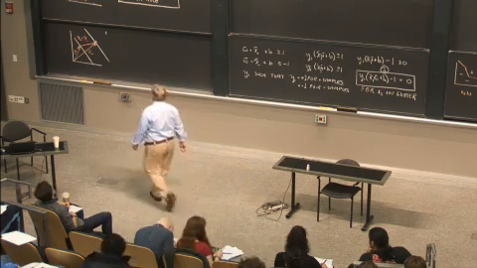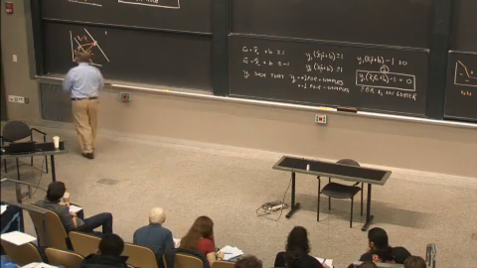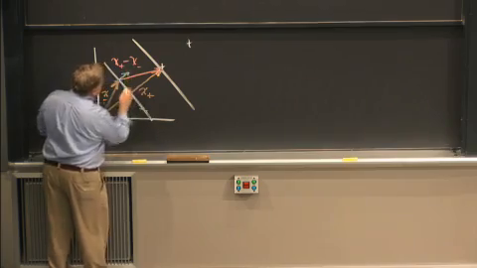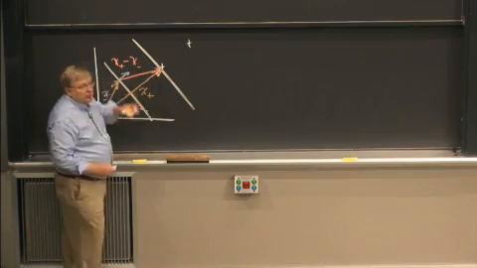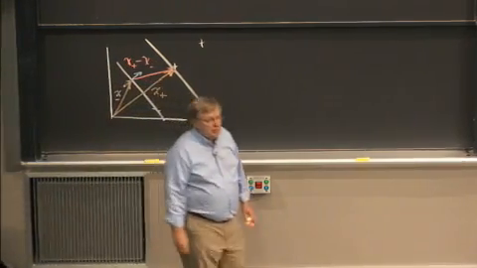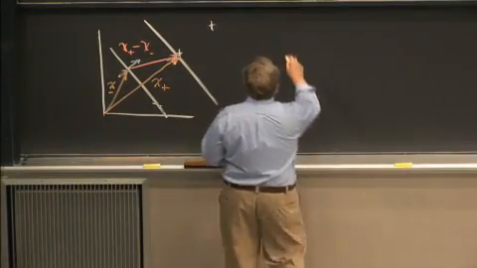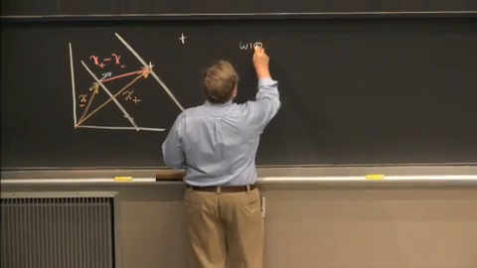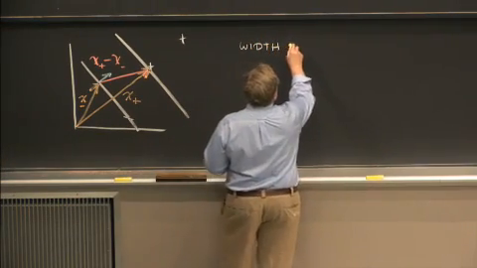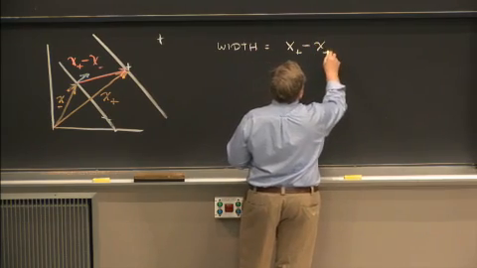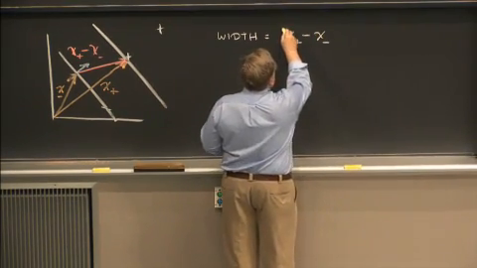So in other words, if I had a unit vector in that direction, then I could just dot the two together, and that would be the width of the street. So let me write that down before I forget. So the width is equal to x plus minus x minus, okay?